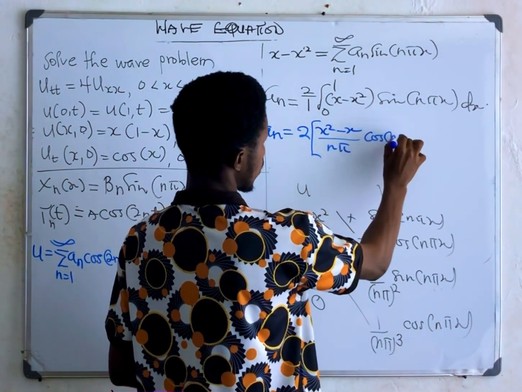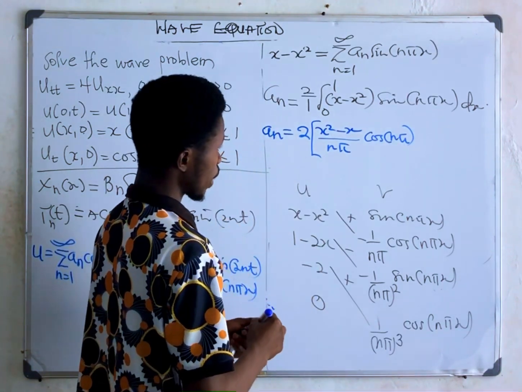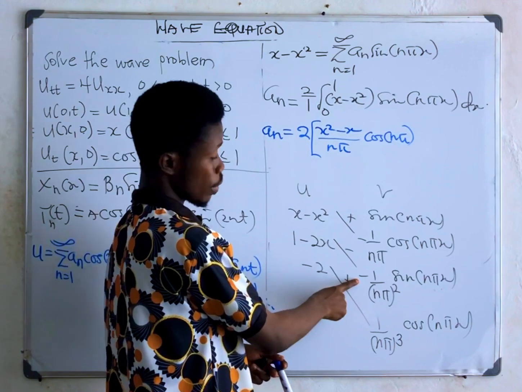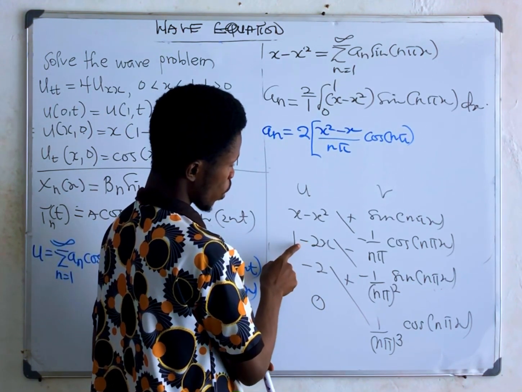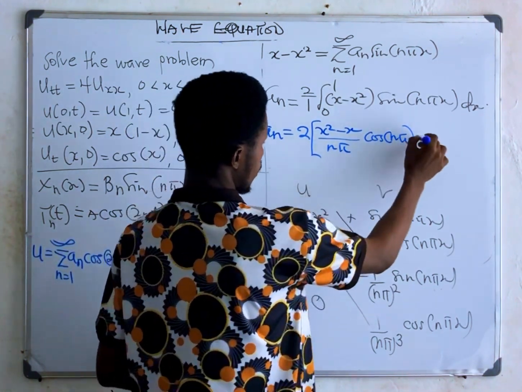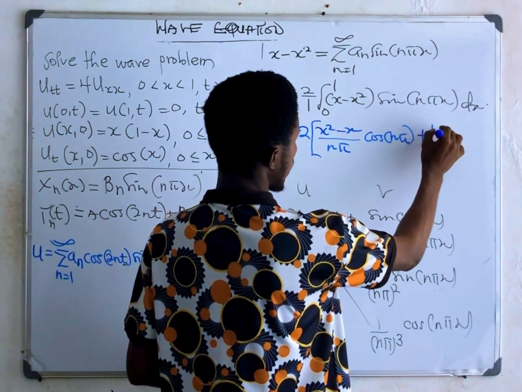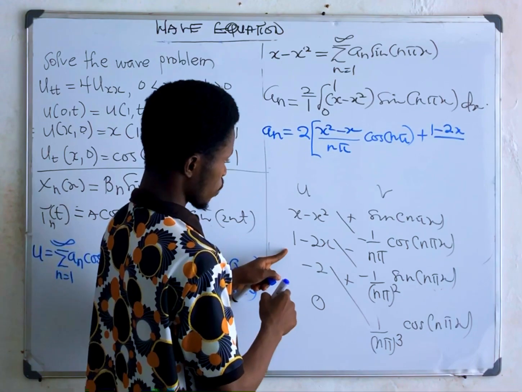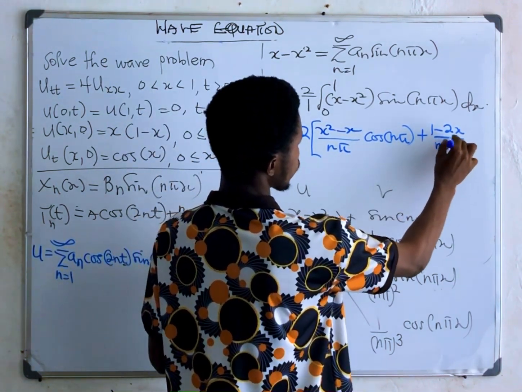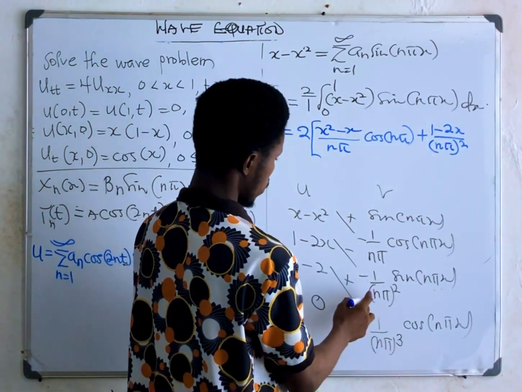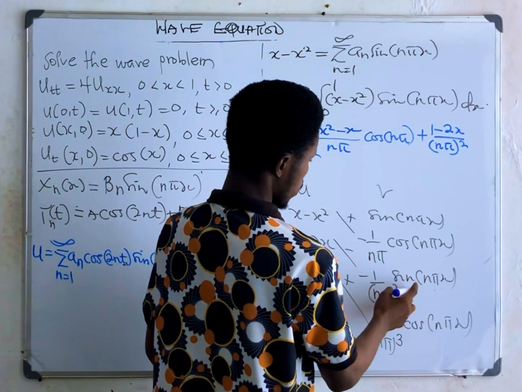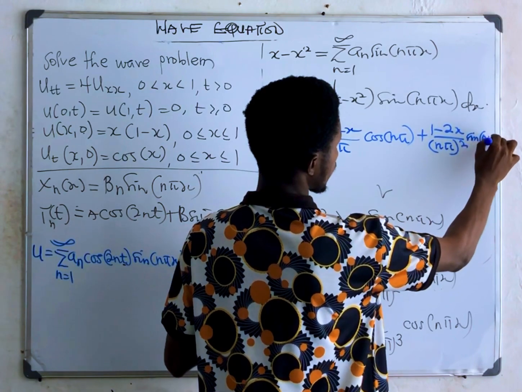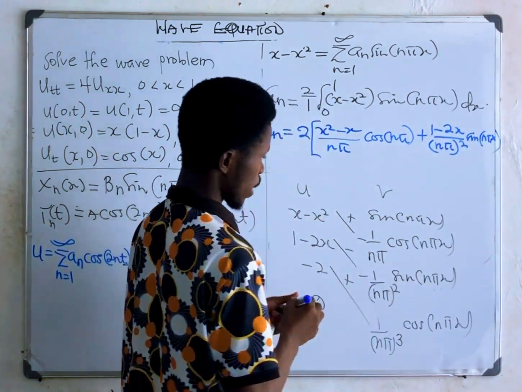Cos n pi. I'm done with that one. Then I'll move to the one down here. Negative meeting negative becomes positive. So what I have left here is plus 1 minus 2x over n pi squared sine n pi x.